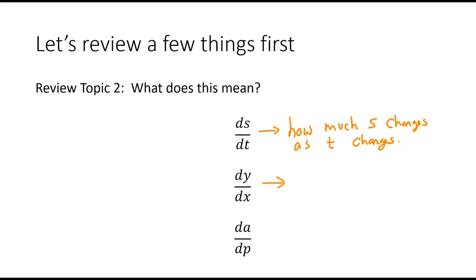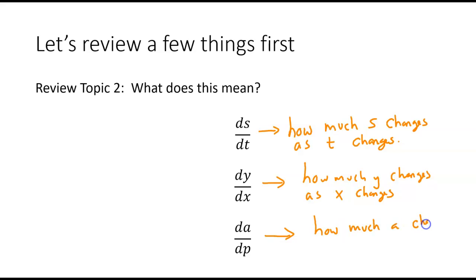In a similar fashion, this tells me how much y changes as x changes. And this tells me how much a changes as p changes. Now, we don't usually say it like this in this class.